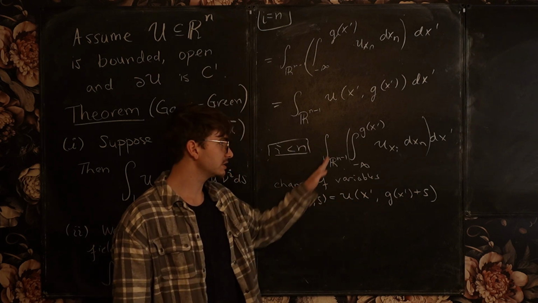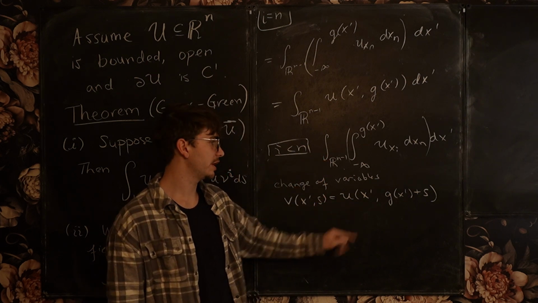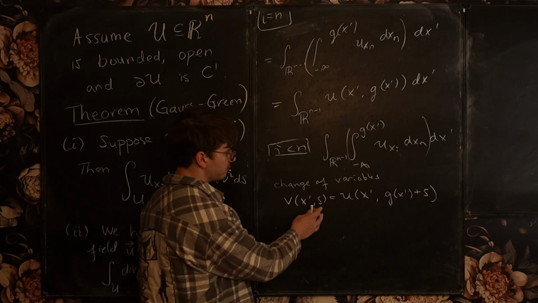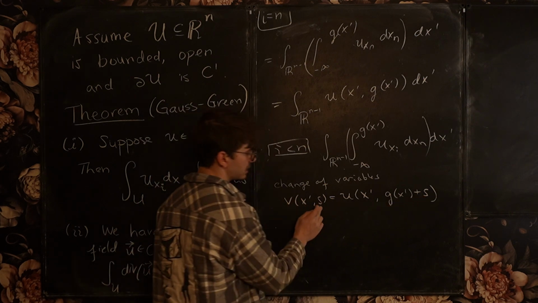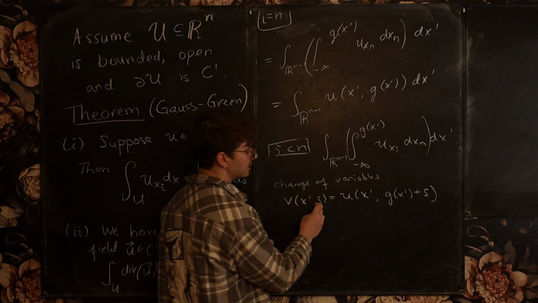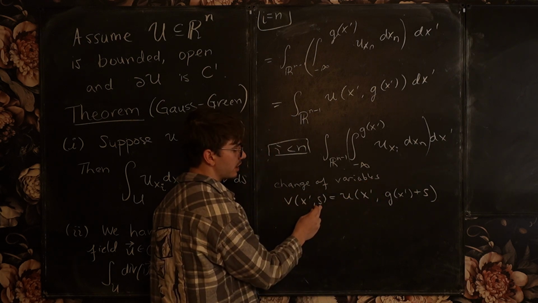Now, before we actually insert the change of variables into the integrand, the idea is that if I look at the dependence on s here, I'm trying to replace xn with this new variable s.